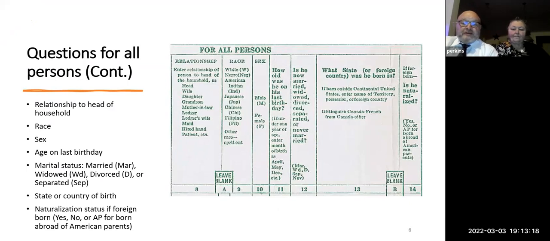As it continues on, they ask all the same things: relationship to the household, sex, birthday, how old they were at their last birthday, marital status, nationality, and whether they're foreign born or not.